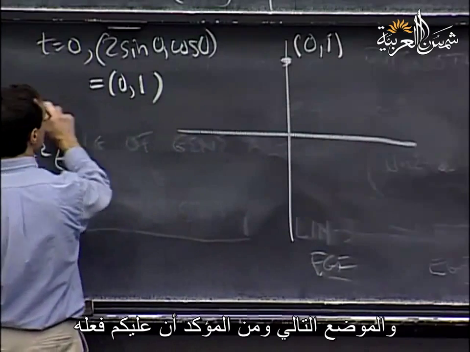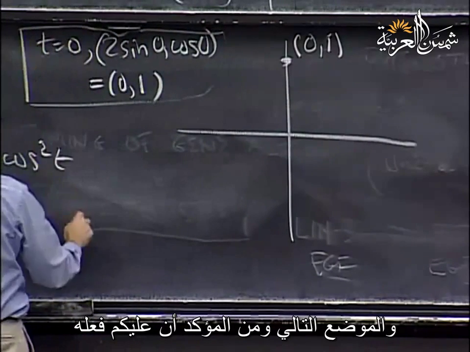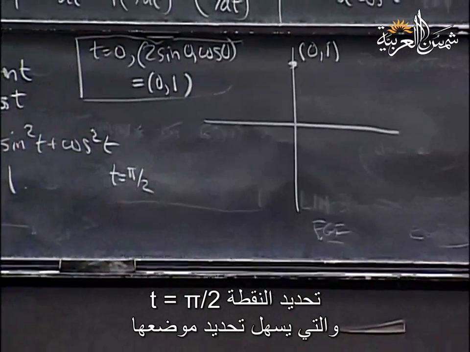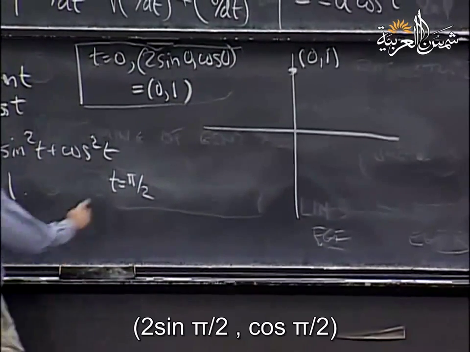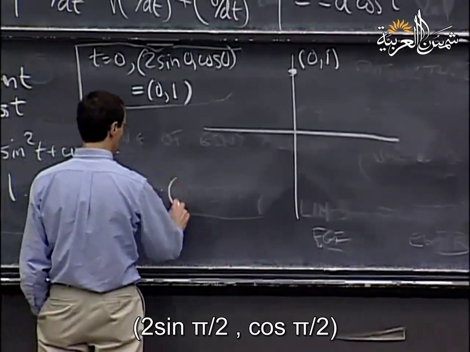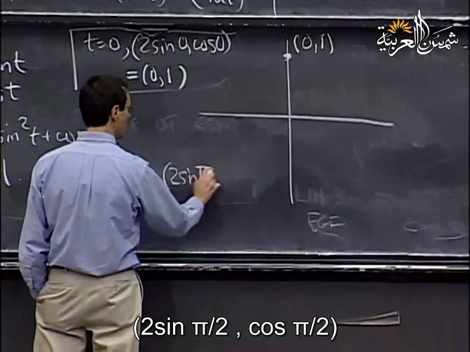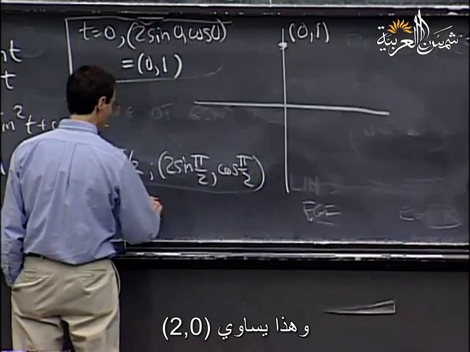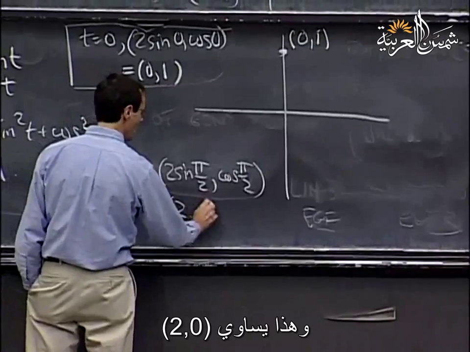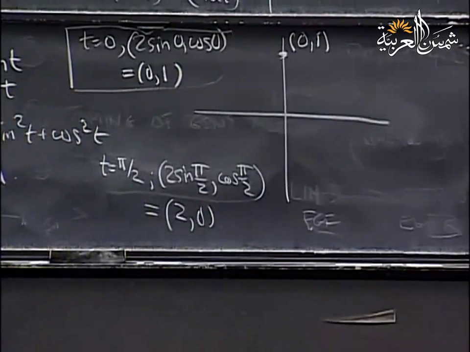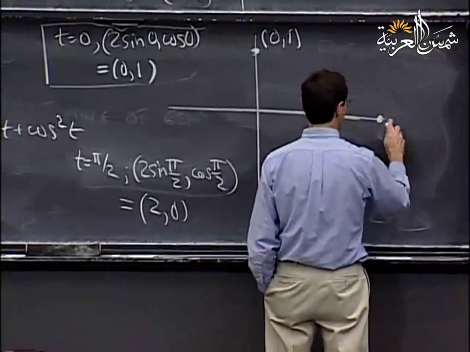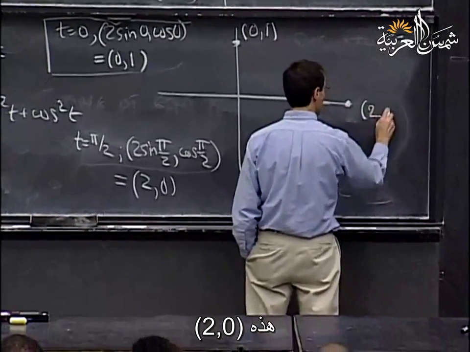And then the next little place, so this is one thing that certainly you'll want to do. t equals pi over 2 is maybe the next easy point to plot. And that's going to be 2 sine pi over 2, cosine pi over 2. And that's just 2, 0. And so that's over here somewhere. This is 2, 0.